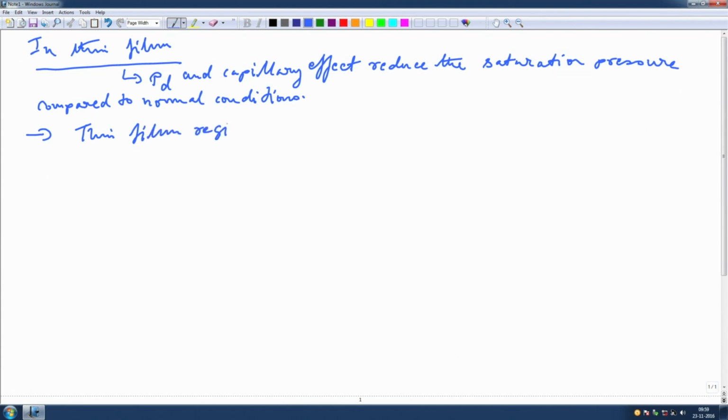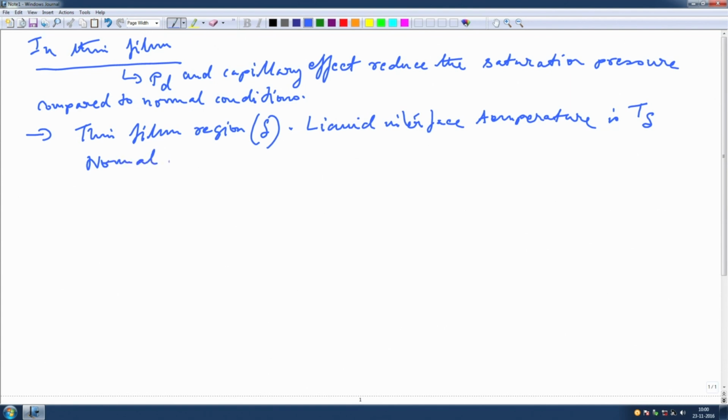Now, we are only talking about the thin film region over here, delta. The liquid interface temperature is T delta. So the normal saturation vapor pressure will be P sat, whatever is the saturation pressure corresponding to that temperature, and you can look it up from the thermodynamic table.